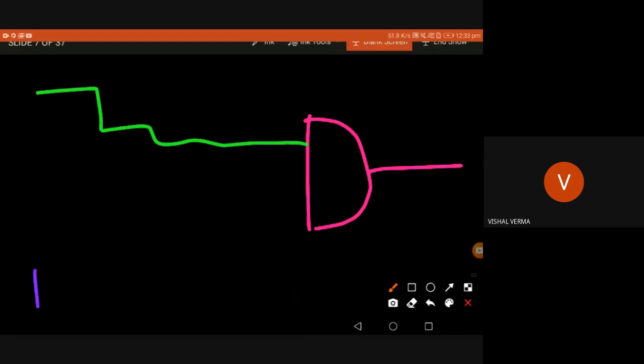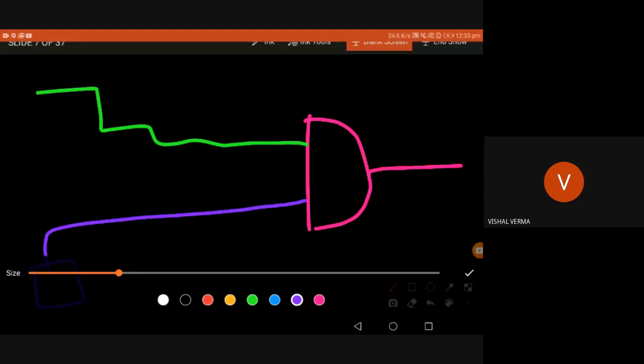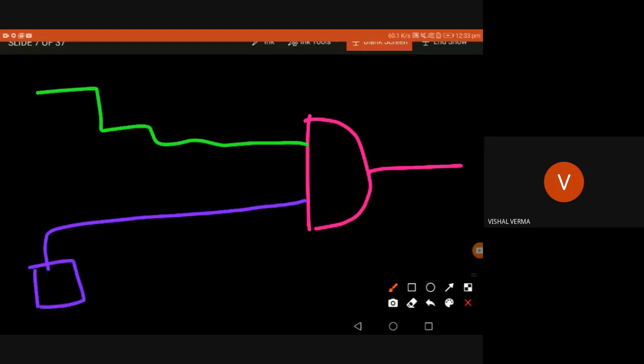Another signal is coming from different blocks and arrives here. But if one is arriving much faster, say at 10 a.m., and the other is arriving at 10:01 a.m. or 12 a.m., whatever, that means I don't have synchronization. The two signals are arriving at different times.